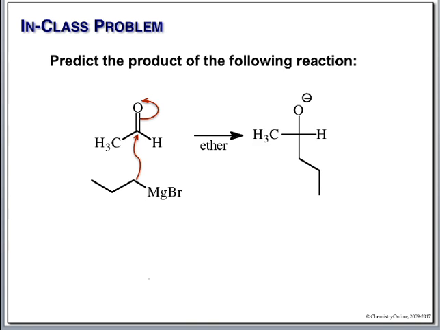Once we get the oxyanion, all we do is wait for a little bit, make sure it's cool, dump it into aqueous acid, and we get the corresponding alcohol. Once again, the methyl group came from here. We have a hydrogen here from that, and there's a 3-carbon chunk that we just added. Isn't this kind of neat chemistry? I mean, we're just putting stuff together and making big stuff out of it.